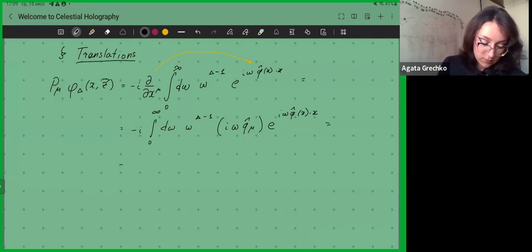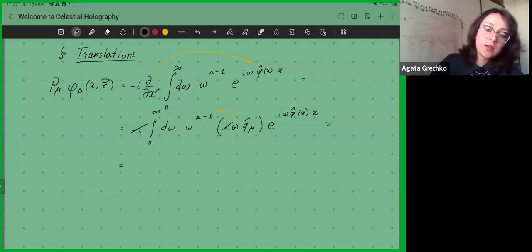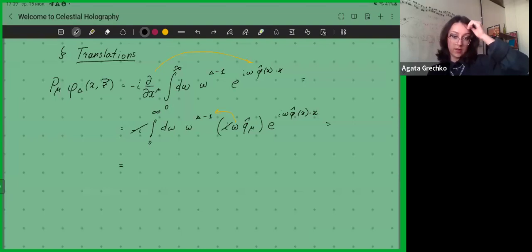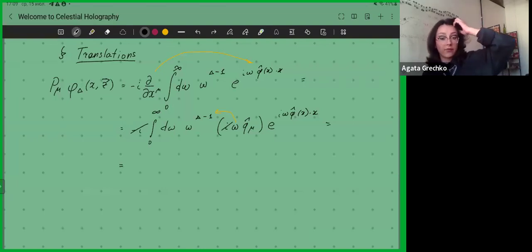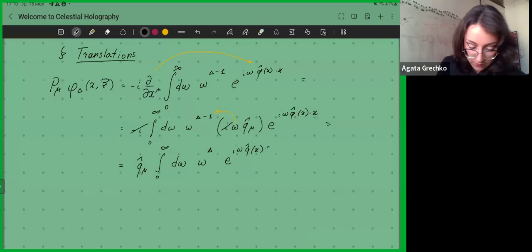All right. Now the i omega, we can put it inside the power of omega. And q^mu doesn't depend on omega at all, right? As we remember, when there is a hat, it's something that doesn't depend on mass or energy. It's just the direction. So basically q just depends on the stereographic coordinates. It points in the direction of the vector. So we can write it in front of the integral. What we get is omega to the power of delta, then the plane wave.